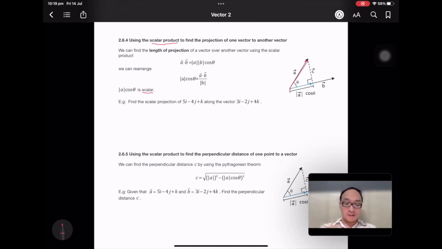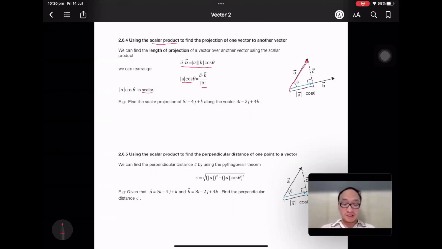Now, using the definition of the scalar product, we can rearrange the expression into A cos theta equals vector A dot B divided by the magnitude of B. So let's go to the example.